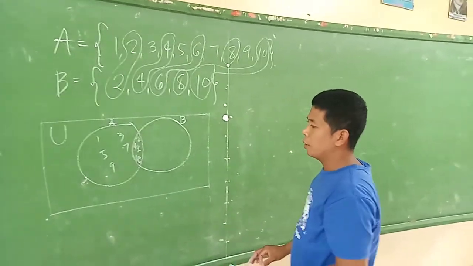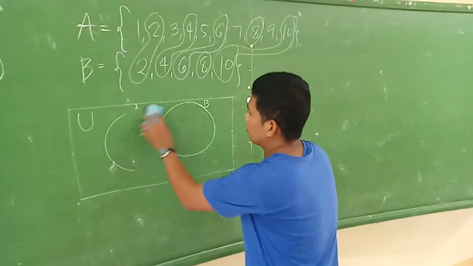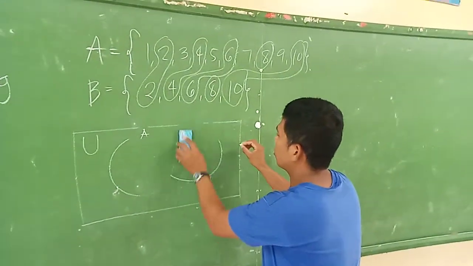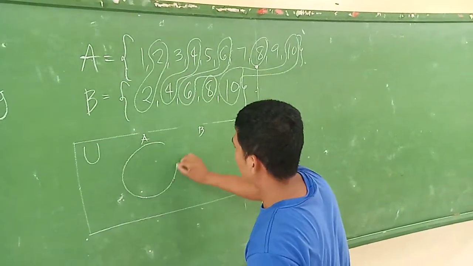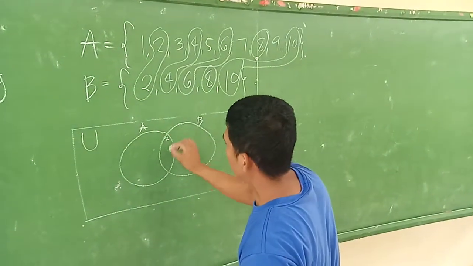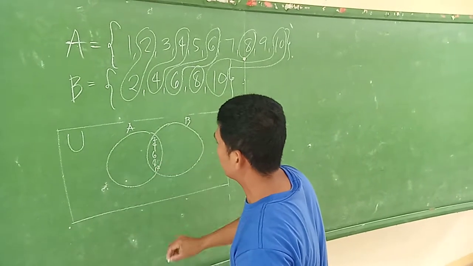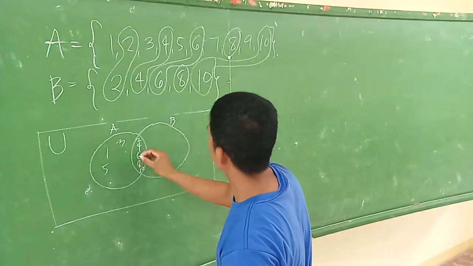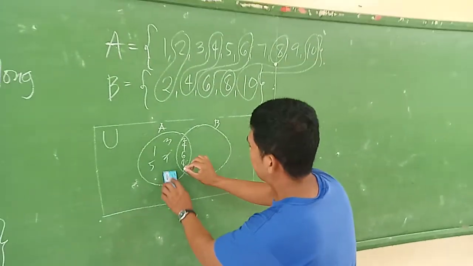Let us further make adjustments to our sets. We have A, we have B. Let us arrange the placement so it looks better. The common elements of the two sets are 2, 4, 6, 8, and 10. Here we have 1, 3, 5, 7, and 9.